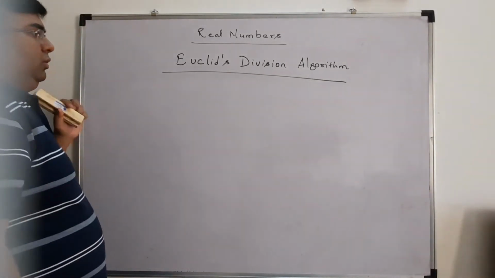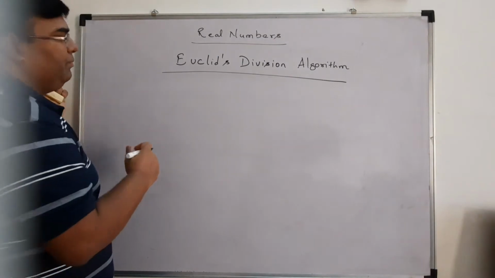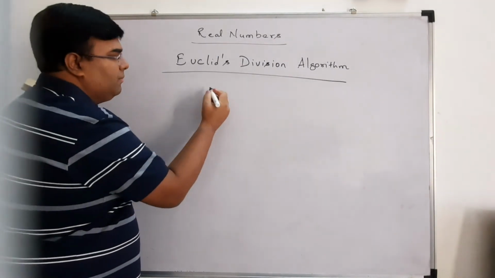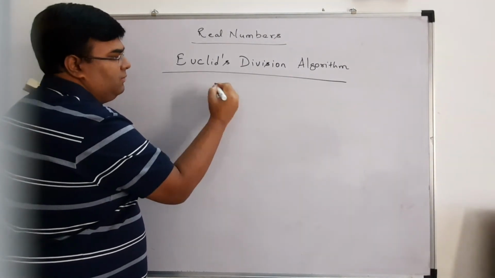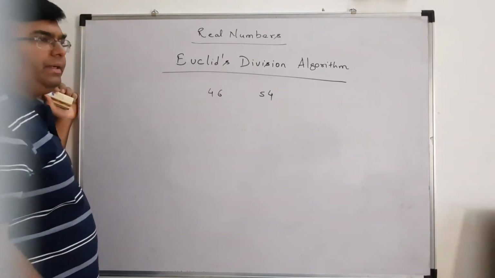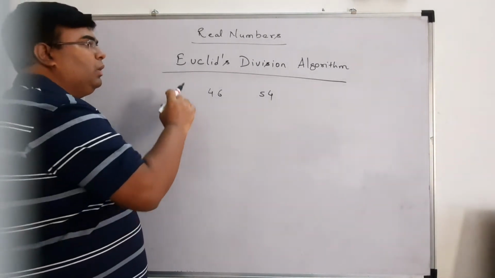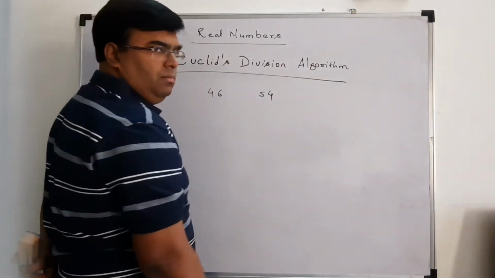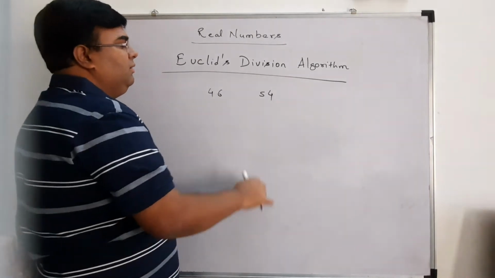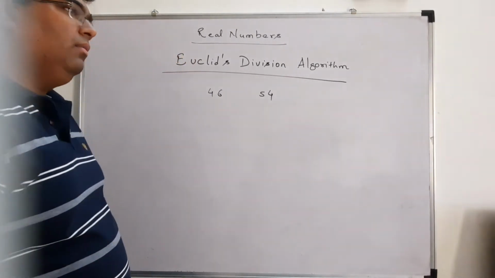Okay, so what kind of questions do we get? Suppose there are two numbers, 46 and suppose 54, right? So we will get a question like, using Euclid's division algorithm, please find the HCF of 46 and 54, right?